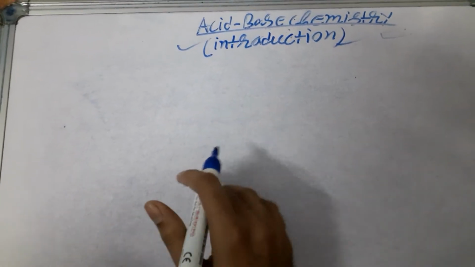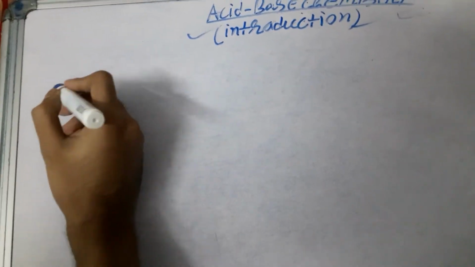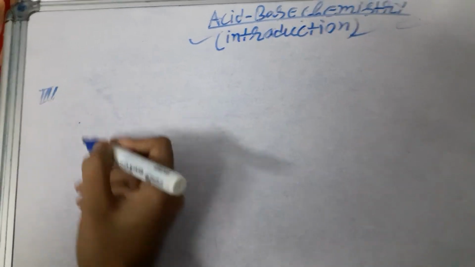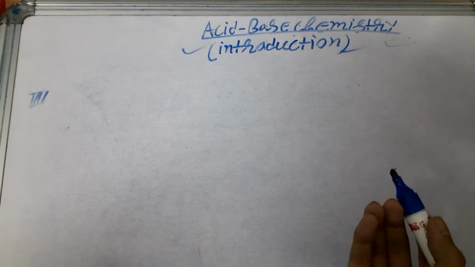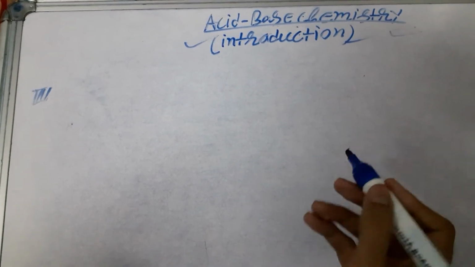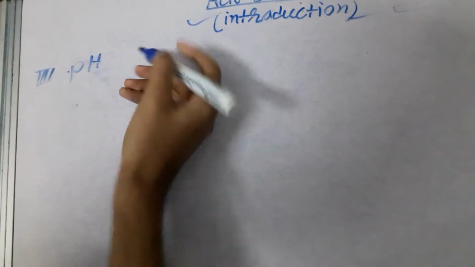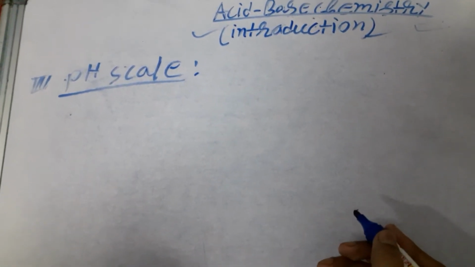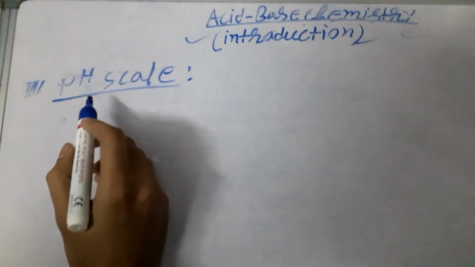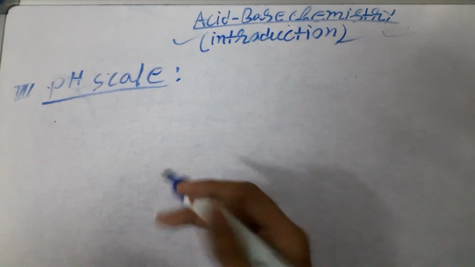So first, let's start with how to measure acid and base. Basically, for measuring acids and bases, we use the pH scale. What is the work of the pH scale? Actually, it detects how acidic or how basic something is.